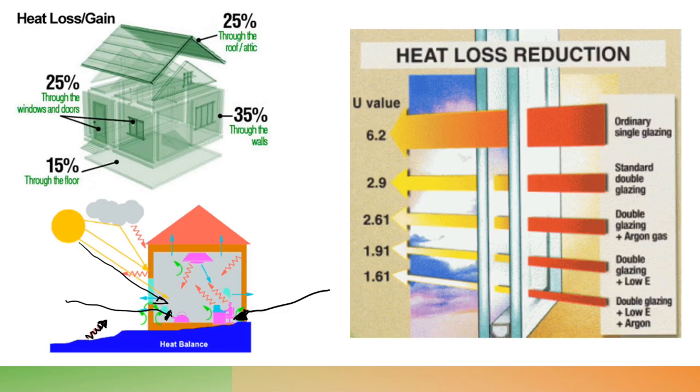So you can see here the top one, ordinary single glazing. Not many homes have got single glazing now, but you can see the U value here at 6.2 is extremely high. Now, we did this in the first session when we did conduction, convection, radiation. Do you remember what the building regulation requirement was?